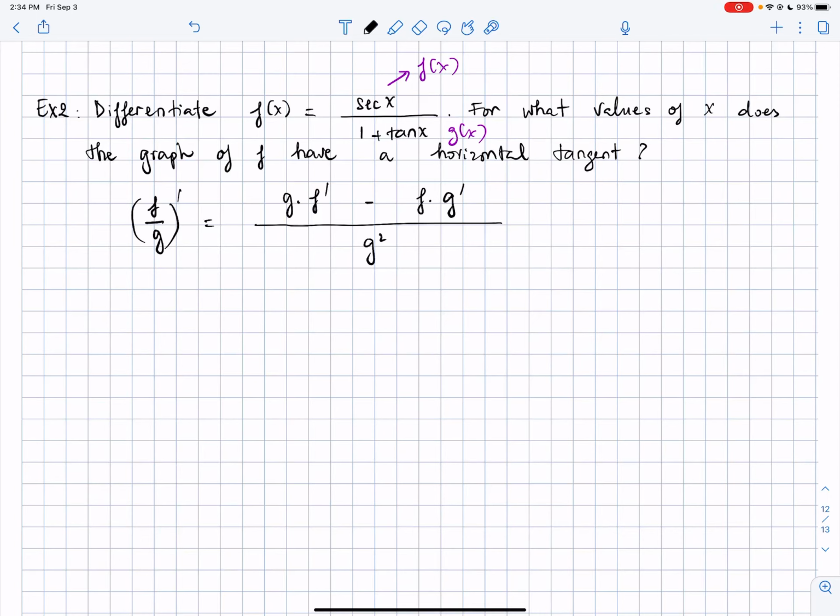Example number 2, we want to differentiate the function f of x equals secant x over 1 plus tangent x. So we see that we have a quotient here, so we will apply the quotient rule.